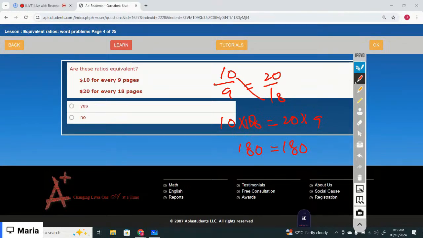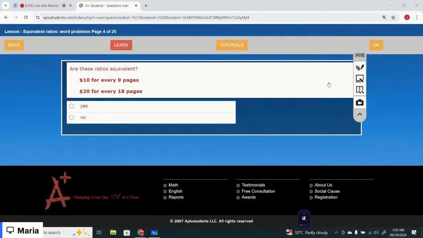The correct option is yes, these ratios are equivalent. Option number 1 is the correct option.